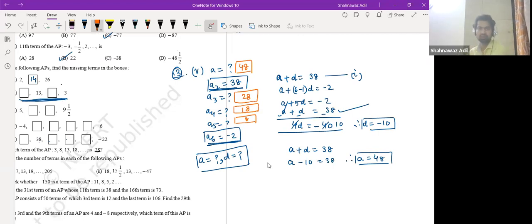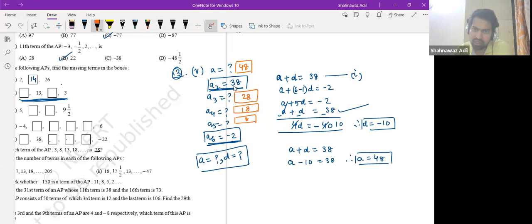Okay, so in this question we have to find A and D. Yeah. And after that, it's the same thing of finding A3. Yeah, so I directly wrote it because this is 48. So the next term would be A plus D, so minus of 10, so 38. And then 10 is decreasing.